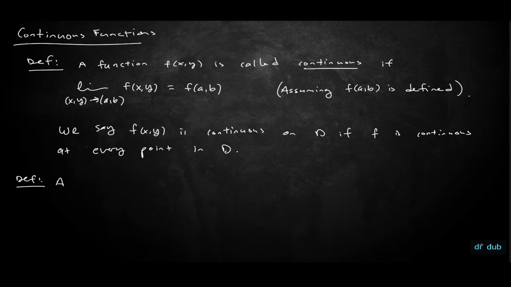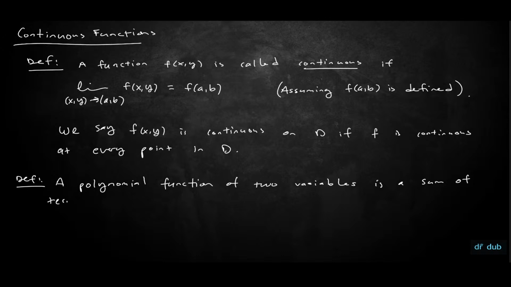A polynomial function of two variables is a sum of terms of the form constant times x to the m, y to the n, where m and n are non-negative integers.